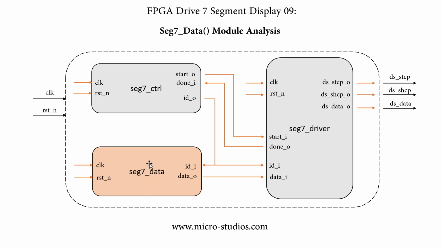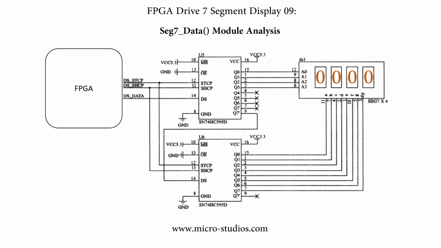So for our example, we will design one simple stopwatch function. When the system begins to work, it will begin to record the time every second. It is a stopwatch function. Initial one is 000.